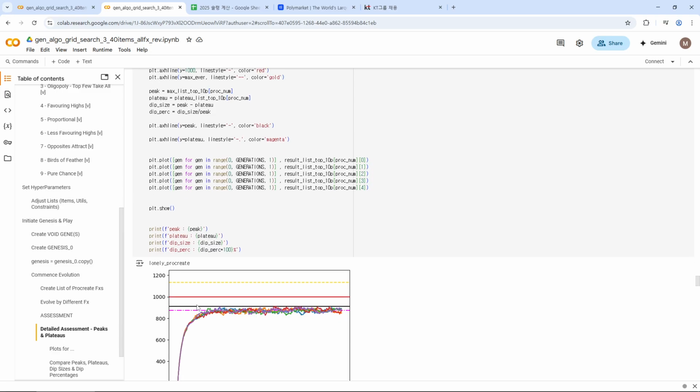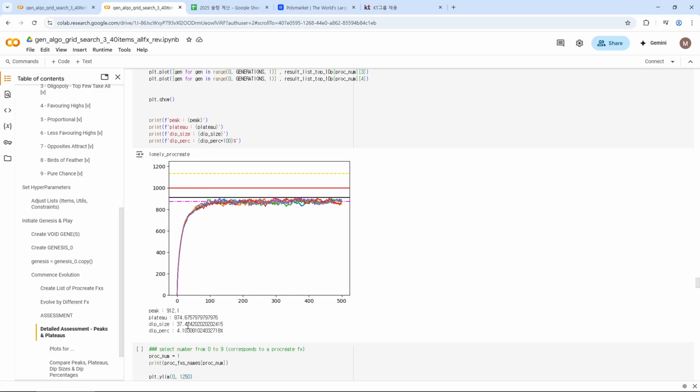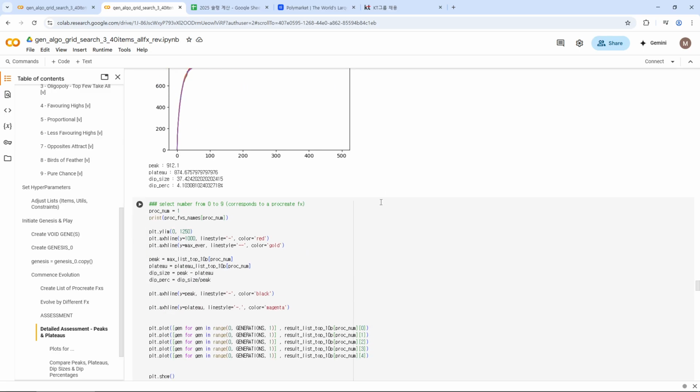And the plateau is in magenta, as you can see here, the dotted dashed line, whatever. We see here that the dip size is 37.42 and the percentage change is 4.1%. So not that much of a dip, actually not even a dip when compared to others, but it is what it is for now.